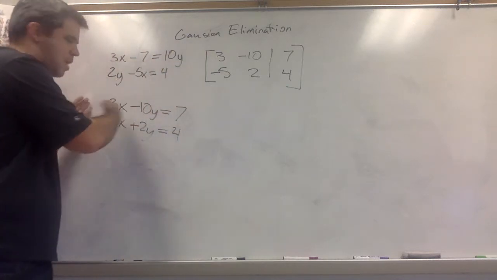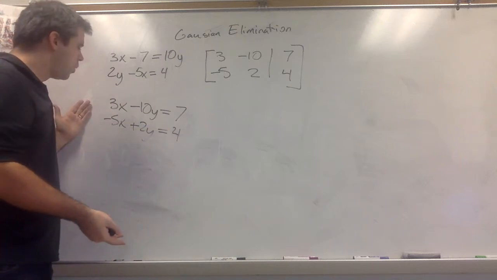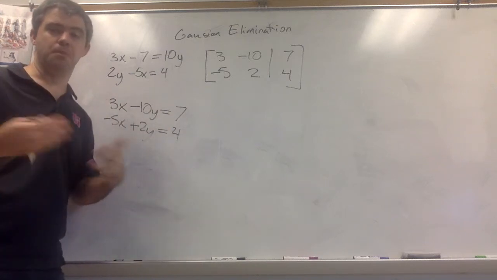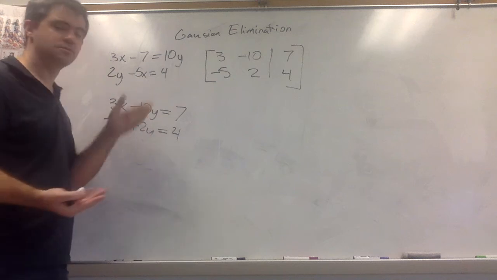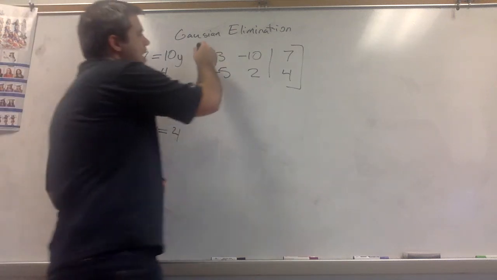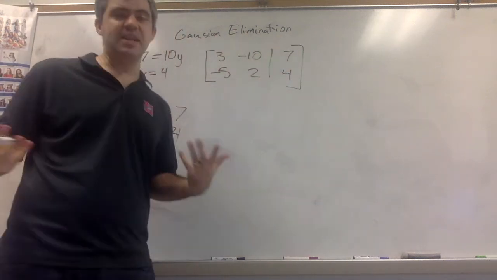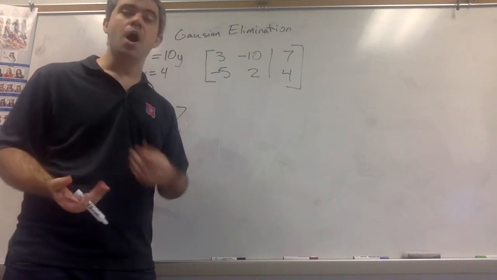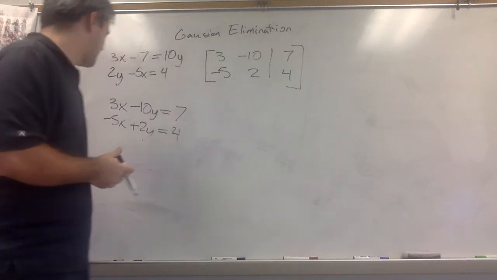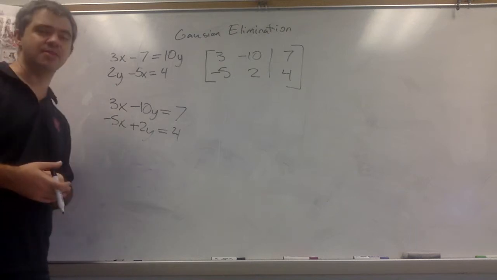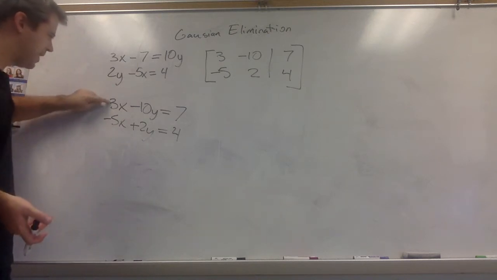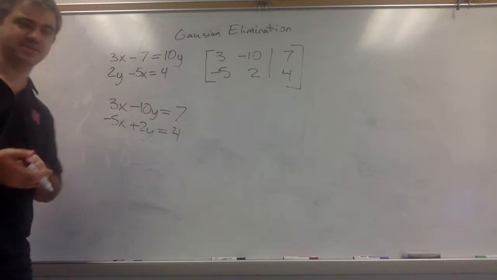So how am I allowed to change this matrix? Well, let's look back to how we would normally change things. Am I allowed to multiply things on both sides? Yeah, so I can multiply a row by anything that I want. How else do we do elimination? Sometimes I add these together. Sometimes I even multiply this by something before I add it to this.